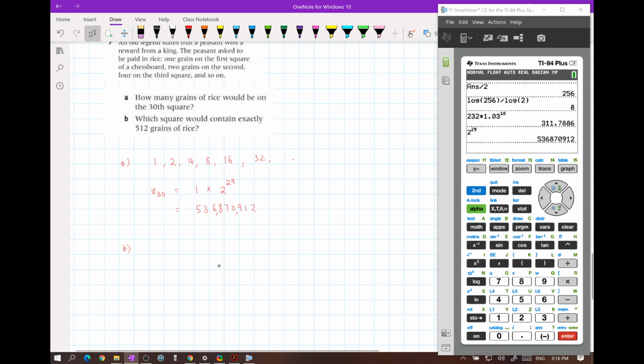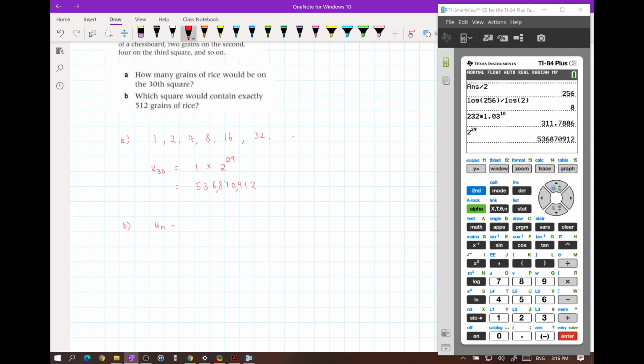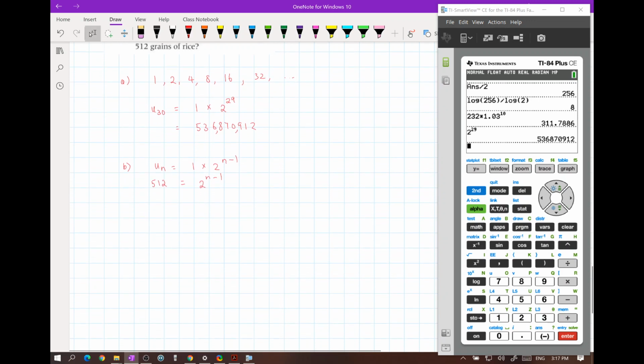Now, which square would contain exactly 512 grains of rice? So basically, it's asking you which day, because you're filling the grains of rice on the chessboard. So you can just write down the n-th term formula, which is 1 times 2 to the power of n minus 1. And we want to set u sub n equals 512. Just like the problem we had earlier, we want to change 512 in terms of power of 2.